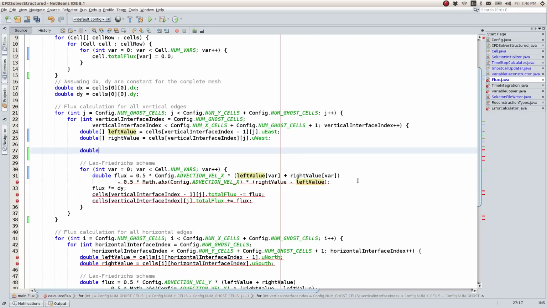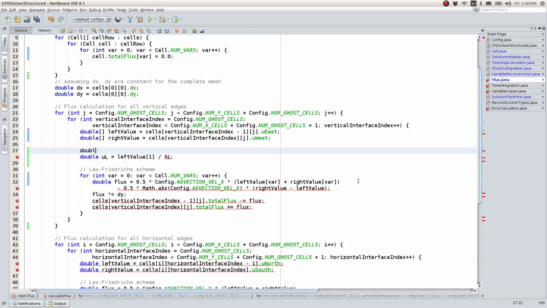So I'll say double UL is equal to left value 1 divided by, in fact I'll say HL.